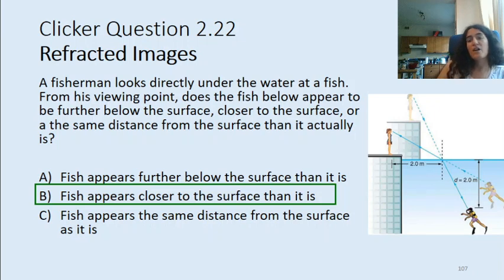And then the alternative question is, what would the fish see if it looked up at the fisherman? It would see that the fisherman is higher above the surface than he really is, right? So another thing that would happen is that you would visualize the edge of the pool being closer to you than it really is.